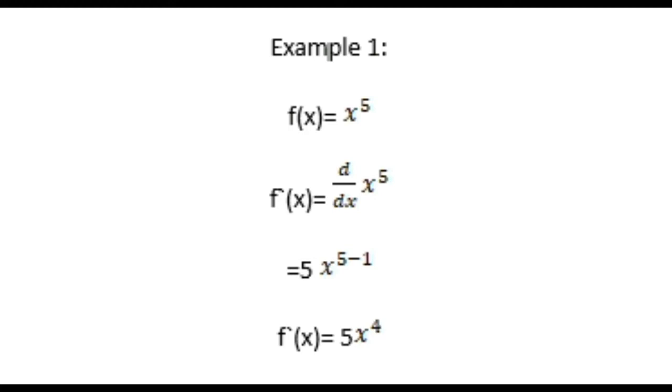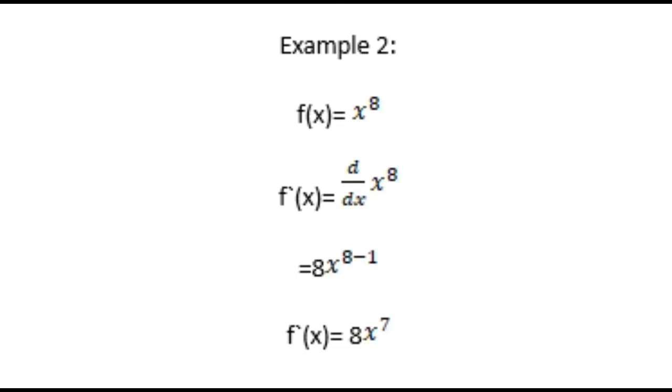Next, bring down the exponent of x beside the x and subtract the exponent of x by 1, and solve. That is the final answer, which is f prime of x equals 5x to the power of 4.